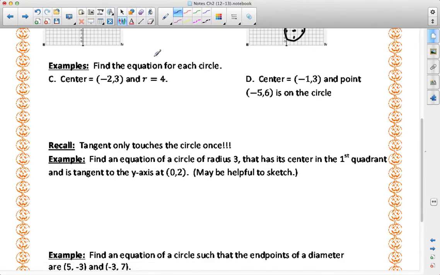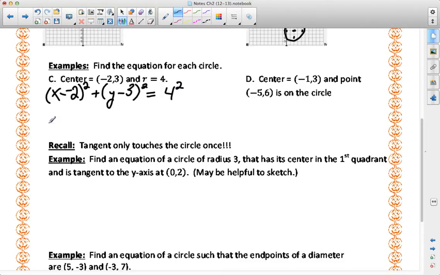So now we work in the opposite direction on C and D. They gave us the center, they gave us the radius, and we have to write the equation. (x minus x) squared plus (y minus y) squared equals radius squared. So x minus a negative 2 squared plus y minus 3 squared is equal to our radius, which is 4, and we have to square it.